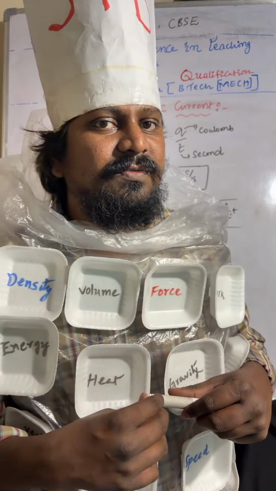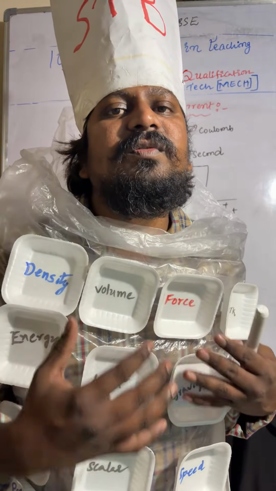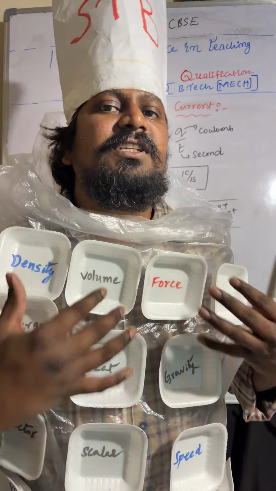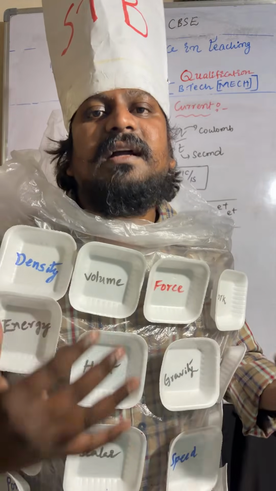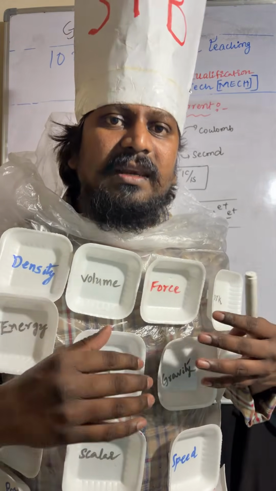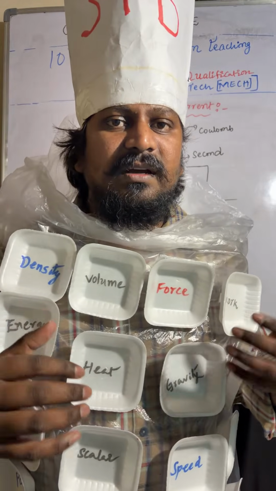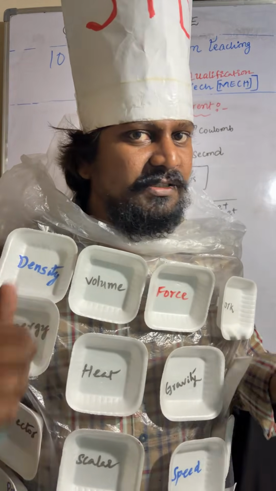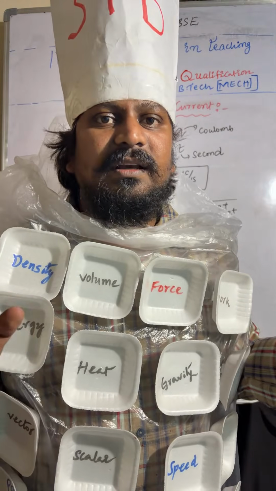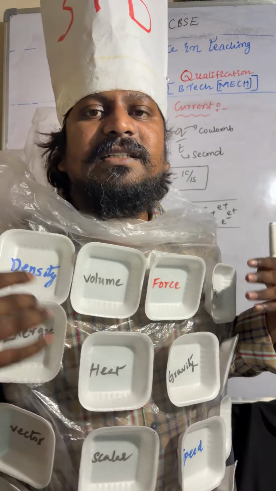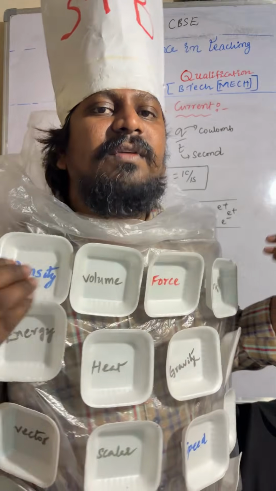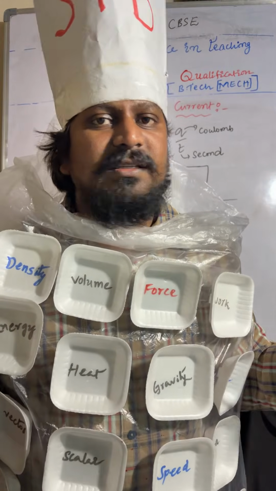We can't say current is flowing. There must be a number of charges moving in the conductor, and only then can we say current is flowing in the conductor. I hope it is very clear.